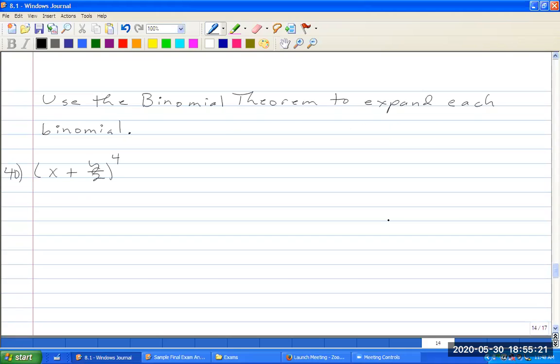Use the binomial theorem to expand each binomial. Okay, so let me write the binomial theorem. a plus b to the n equals the sum, k equaling 0 to n, of n choose k, a to the n minus k, b to the k.